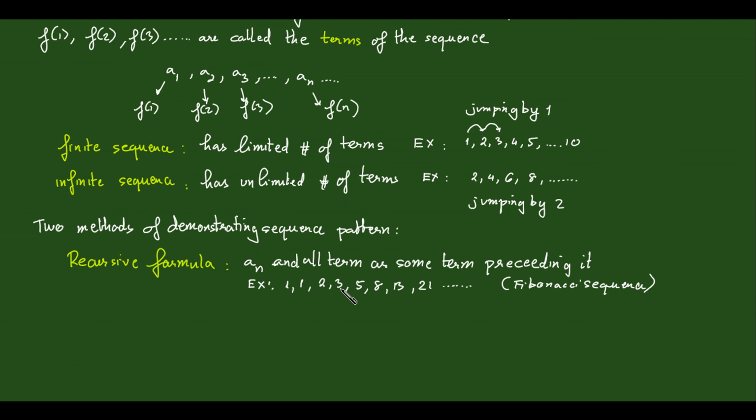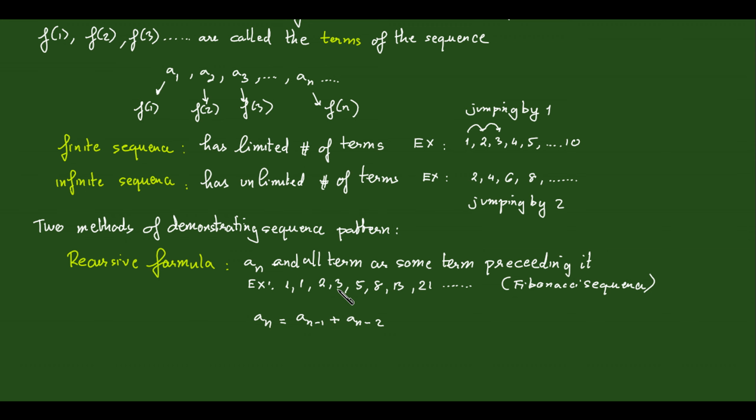And the fourth term is the sum of the two terms preceding it. So I can write the recursive formula for the Fibonacci sequence: a sub n is equal to a sub n minus 1, the term before that, plus another term before that, a sub n minus 2.